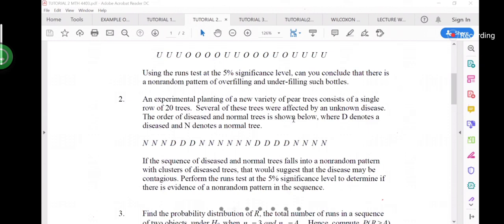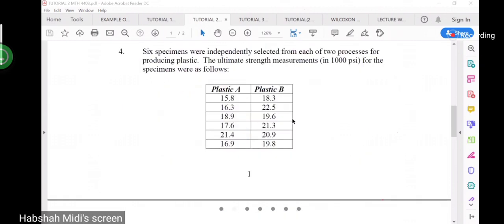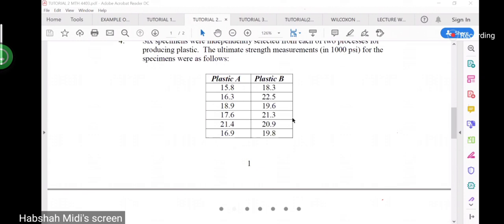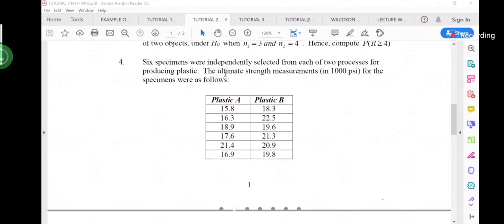No, right? For number 4, if you remember, I already mentioned during the run test that even though it is less powerful, it can be used to test whether two samples come from populations with the same distribution.